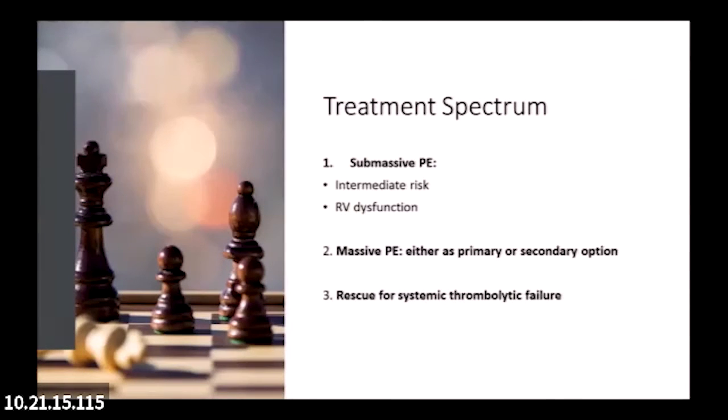So far with ECOS, we can treat submassive PE. Sometimes we can treat massive PE either as a primary or a secondary option. We can also use it to rescue thrombolysis failure.